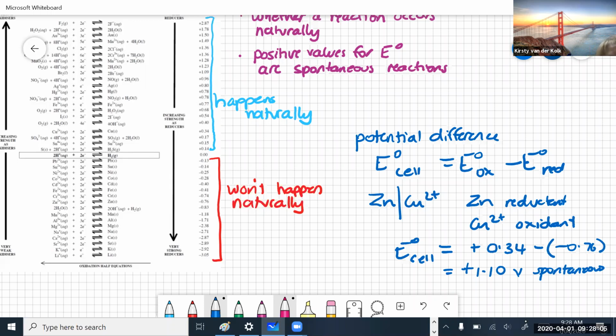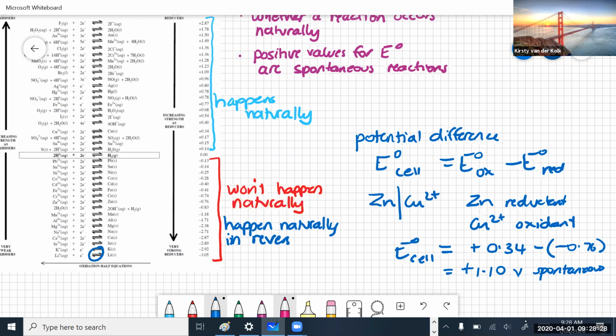So what that means is all of these reactions, they happen naturally in reverse. All of these are reversible reactions. That's what that arrow means. So none of them will happen in the forward direction as it's shown.